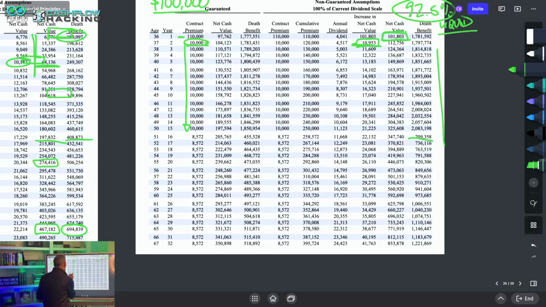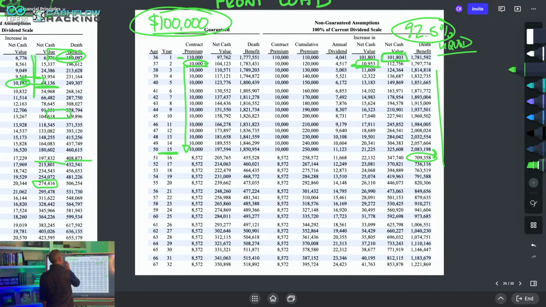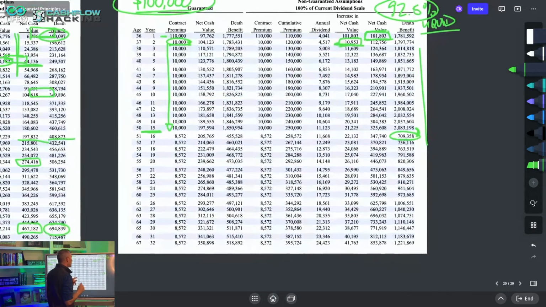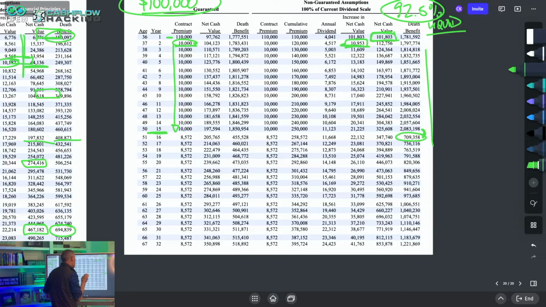And when the term rider expires, check this out. Yes, the term rider drops off, and so you can see, you have $709,000. So it's almost $1.4 million of term insurance that dropped off there. That 1.4 million of term insurance is what was needed to get this $100,000 inserted into the policy, right? And so when you look at this, this is the cool part, right?